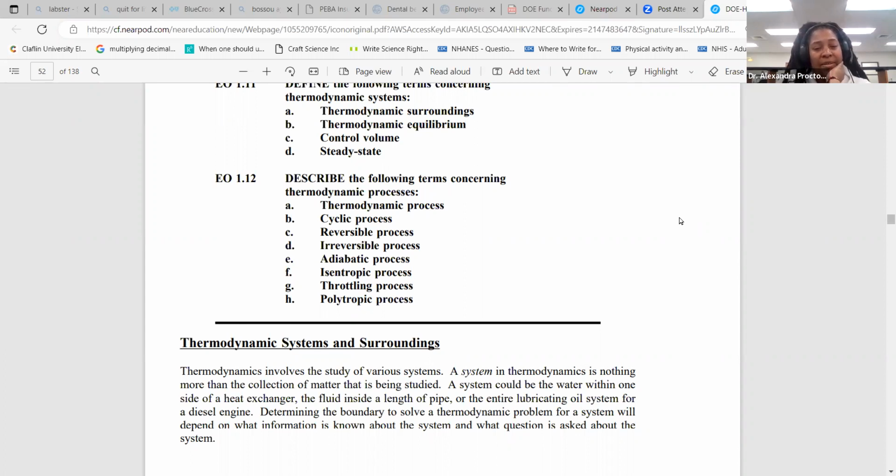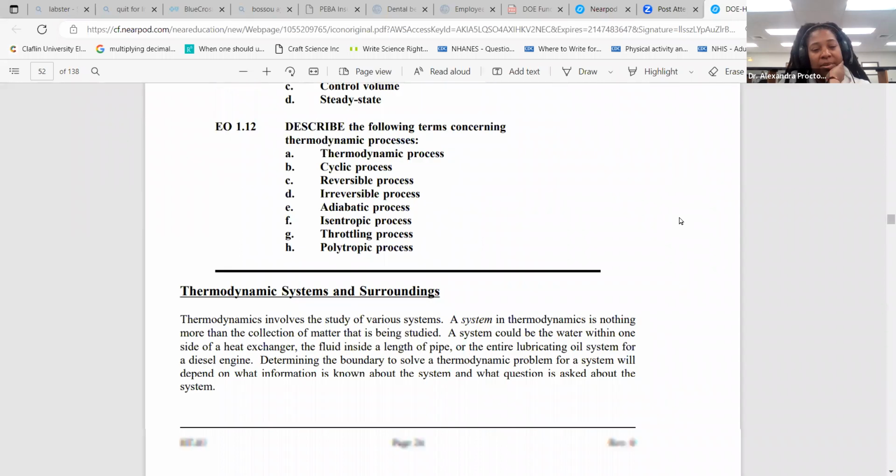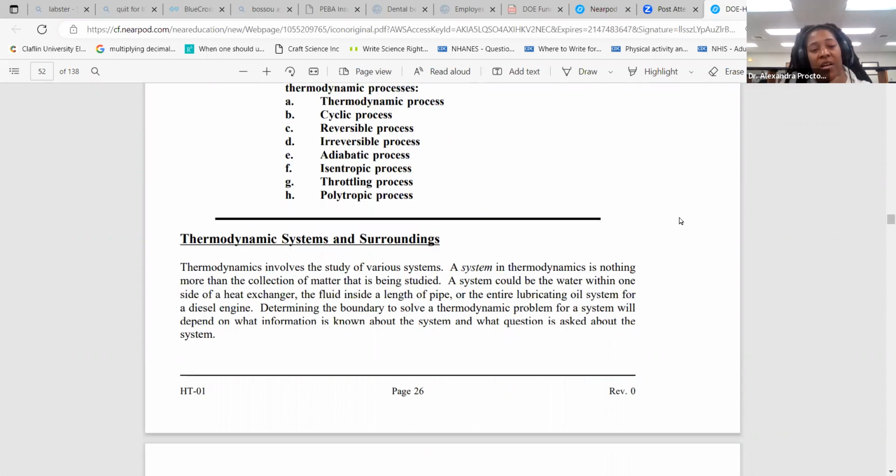So these thermodynamic systems and surroundings. Thermodynamics is a study of various systems. A system in thermodynamics is nothing more than a collection of matter that is being studied. A system could be water within the inside of a heat exchanger, fluid inside of the length of a pipe, or a lubricating oil system for an engine.